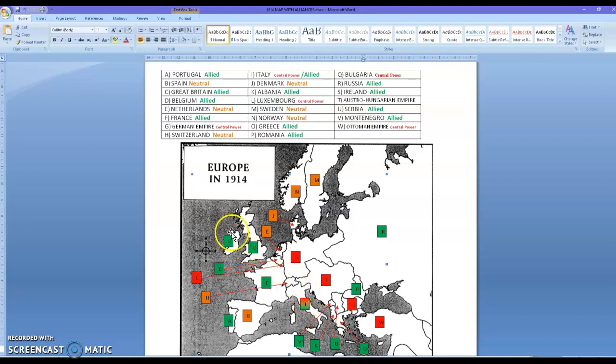The other one I wanted to point out is Ireland. Ireland took quite a bit of time to decide which side it was going to fight on. They so hated the English that it was a very close thing that they had thought perhaps they should join the Central Powers, because after all, the enemy of my enemy is my friend, right?